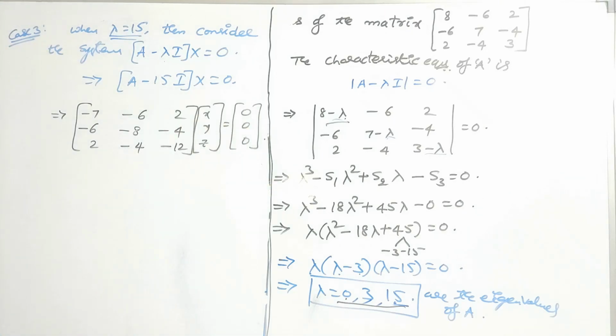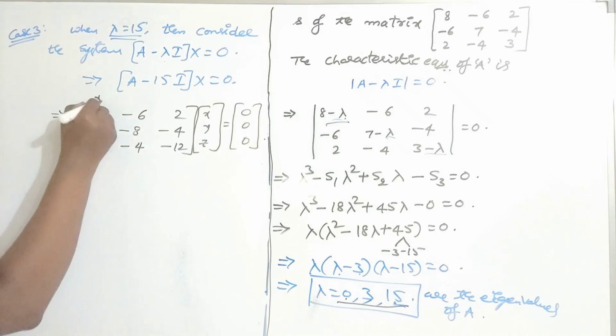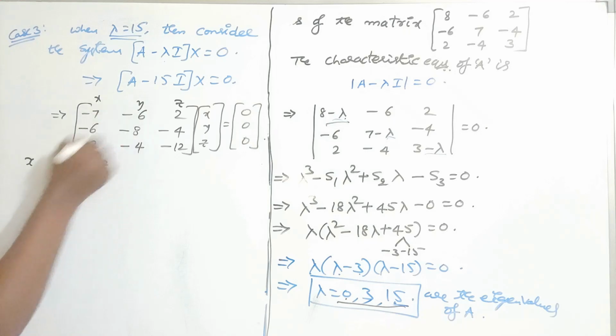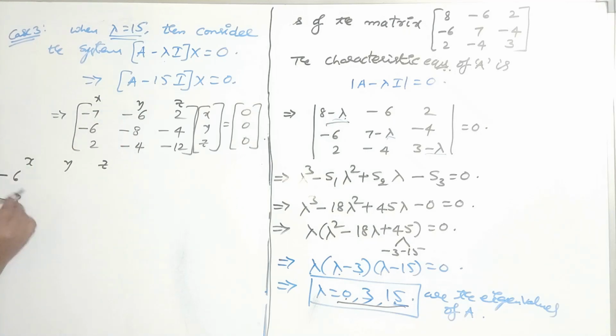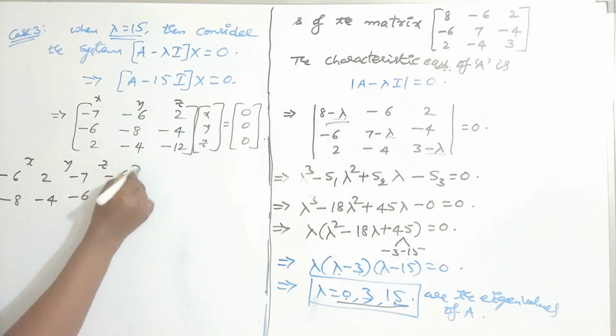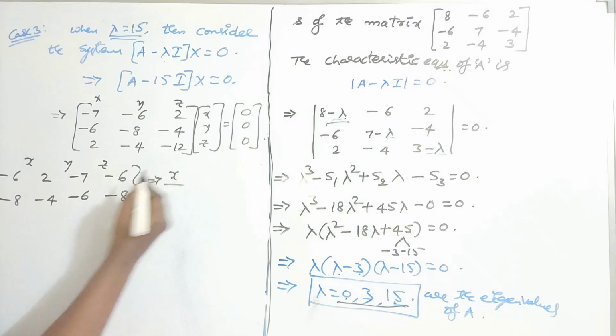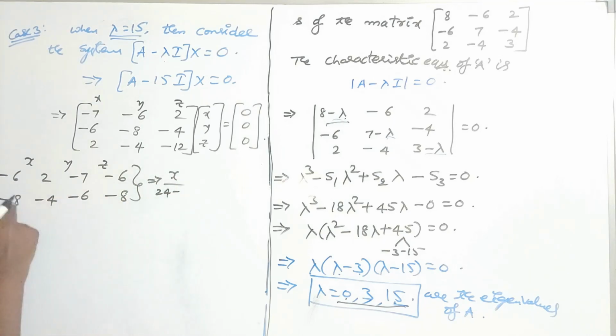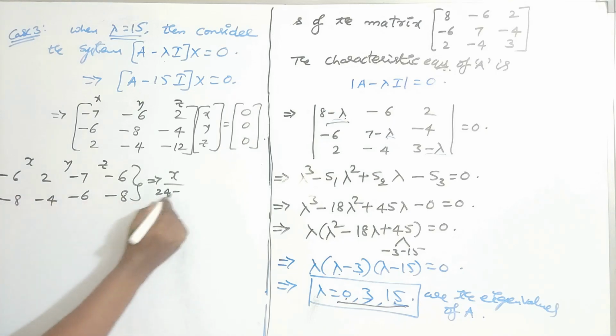okay, you can solve any two equations. So x, y, z, write the y coefficients first. Next z coefficients 2 minus 4, -7, -6, -6, -8. X by 4 6s are 24. Minus 2 8s are minus of minus plus. Don't forget the sign.